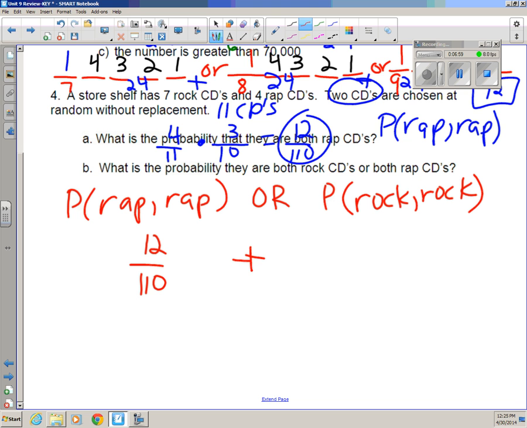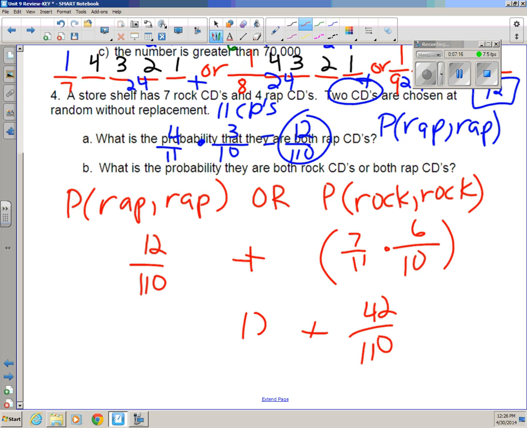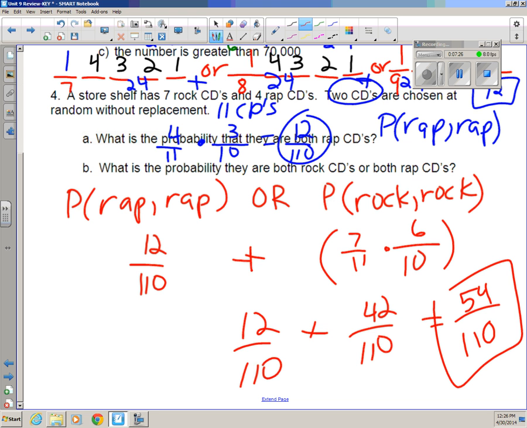Well, out of all of my CDs, I've got 7 out of 11 that are rock. If a rock comes out, it doesn't go back in, so 6 rock left out of 10 total. This becomes 42 out of 110. I have to add it to my raps, and now if I add 12 out of 110 and 42 out of 110, I get 54 out of 110.